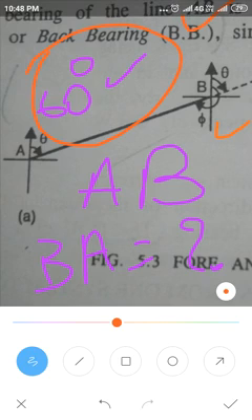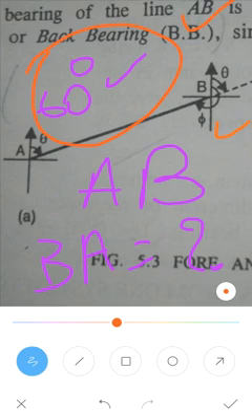The bearing of AB is 60 degrees, so the bearing of BA is 60 plus 180, which is 240 degrees.